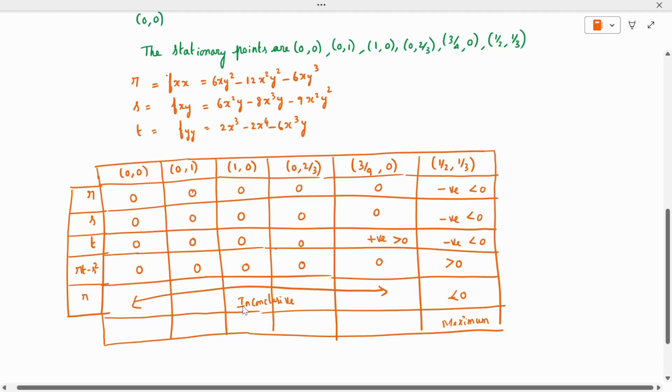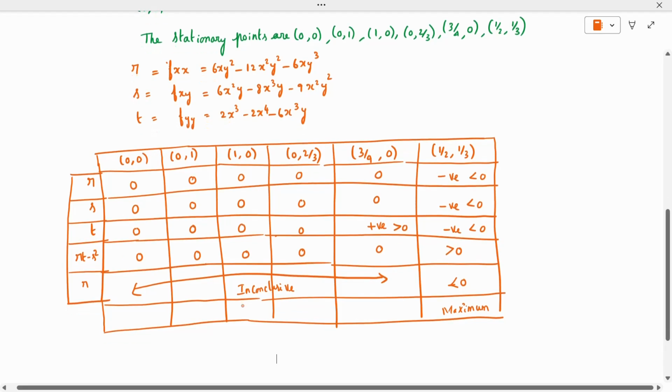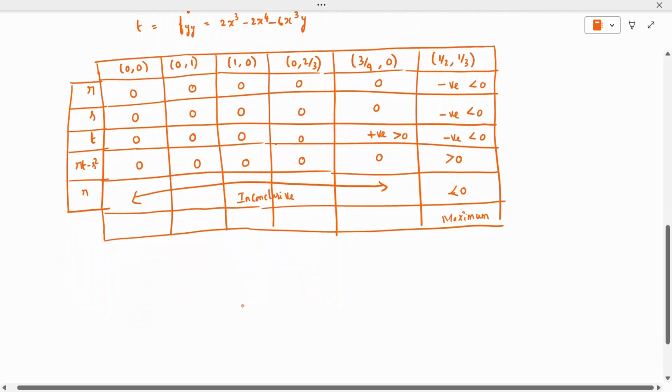Only 1 point. Okay, we have 6 points, but no use of these 6 points. Only 1 point we have, which is a maximum point only.